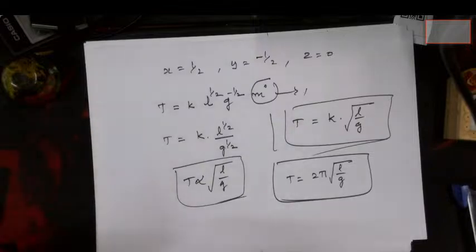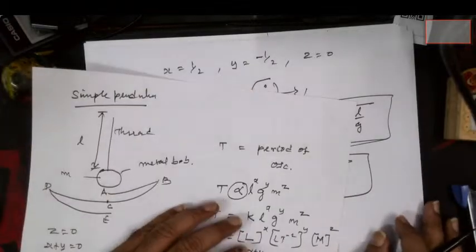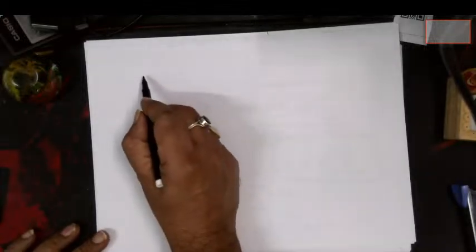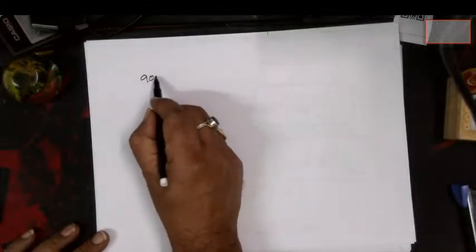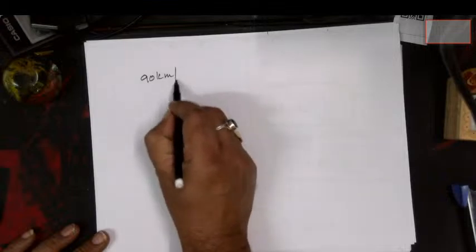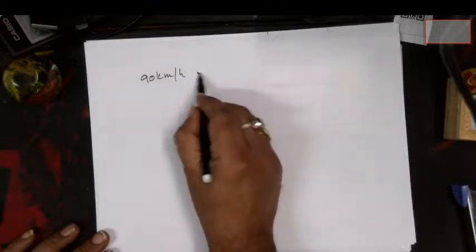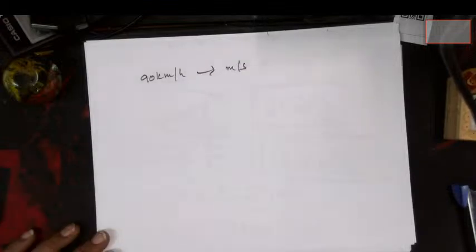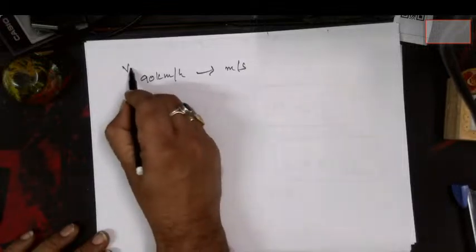Now this is also used to convert the units. Okay, let us discuss that one also, conversion of unit. For example, convert 90 kilometer per hour into meter per second. This is the speed or velocity.